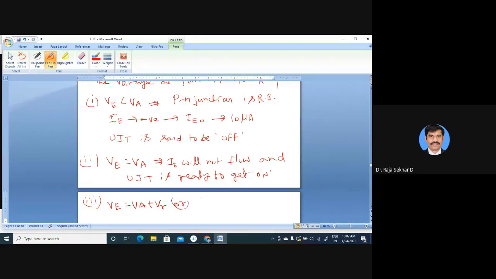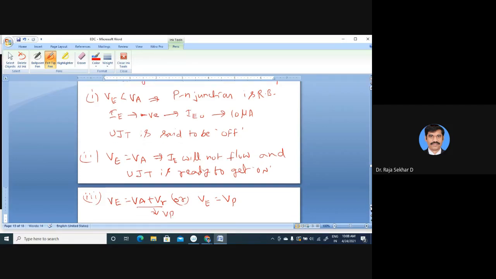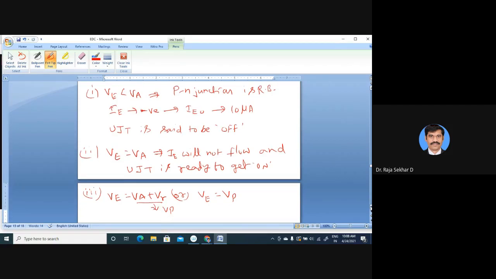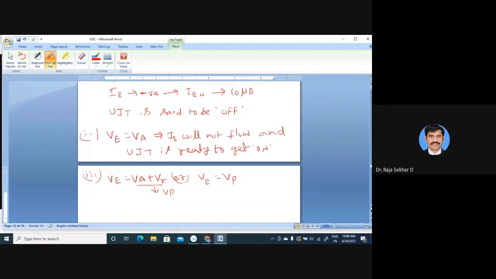Or we can say that VE is equal to VP, where VP is equal to VA plus V gamma. Just applying slightly more than V gamma, a very small current flows in the device.